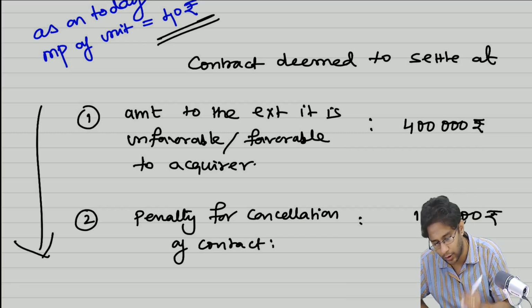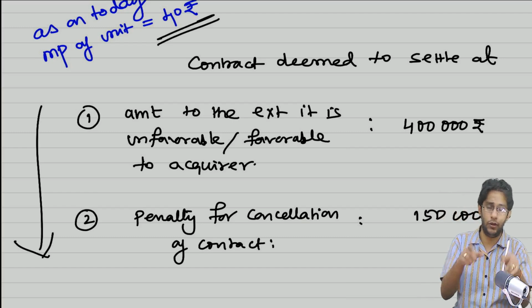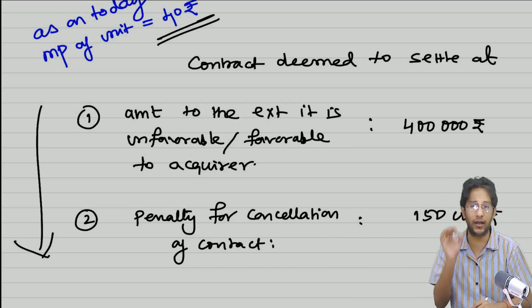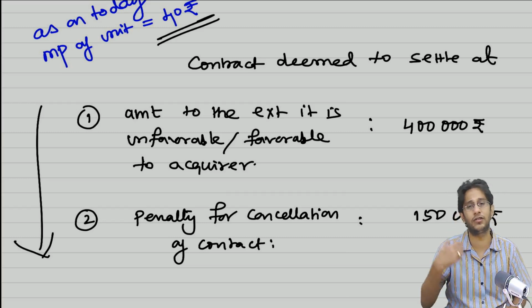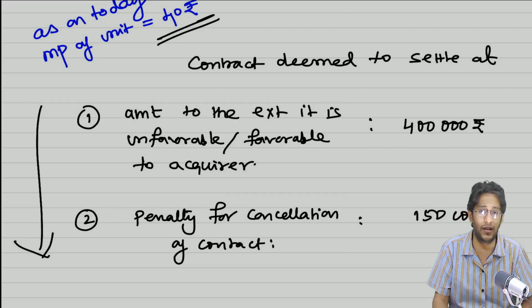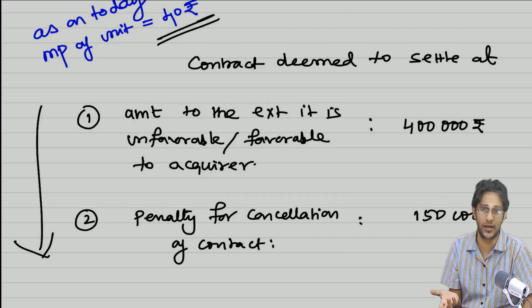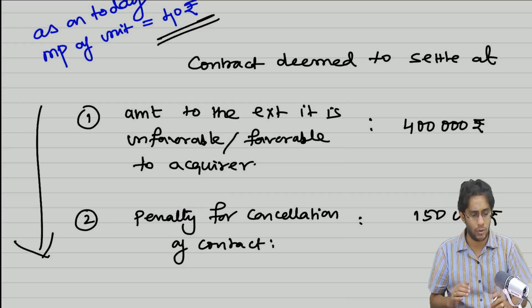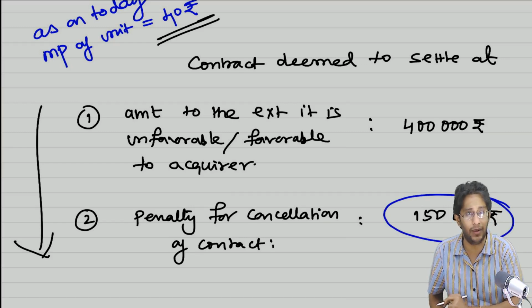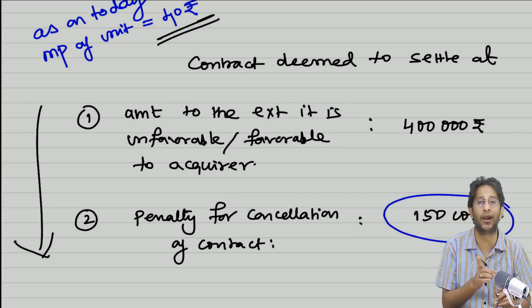Standard says whichever is lower. We believe that between you this contract is closed at an amount whichever is lower. So you cannot argue that the loss to X Limited is 4 lakh rupees, because if really the loss to X Limited is going to be 4 lakh rupees, X Limited will not execute the contract. No, he'll pay penalty and get out of the contract. So now I can say that the benefit to Y Limited and loss to X Limited is only 1,50,000.